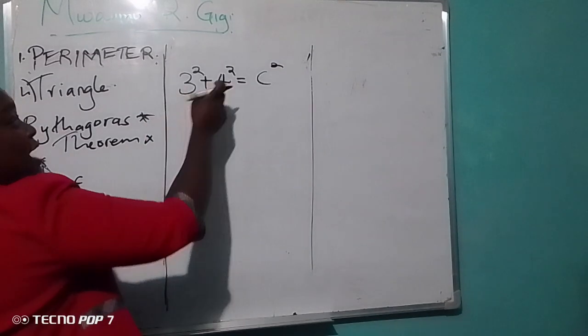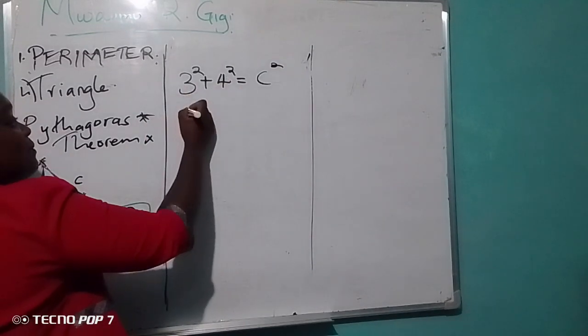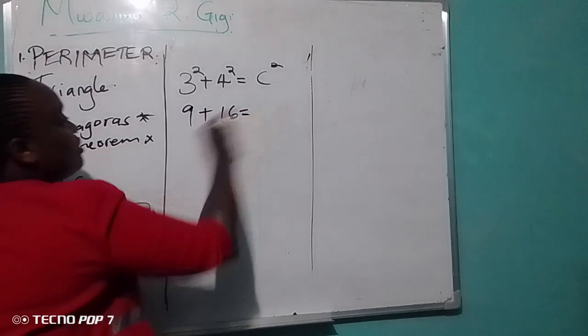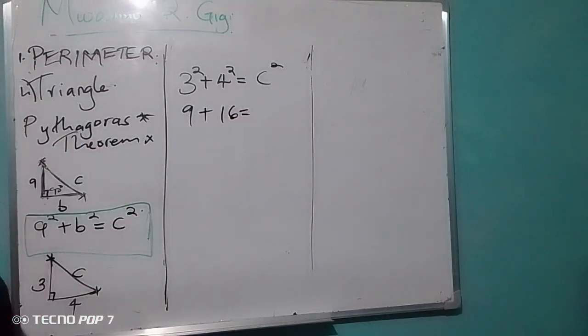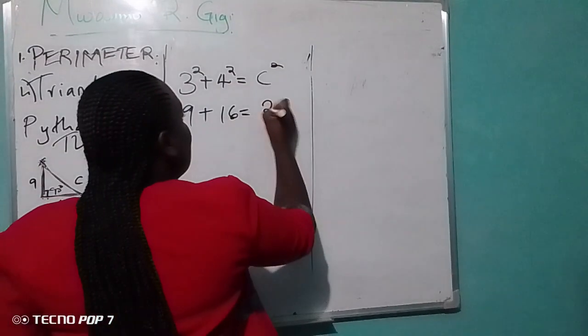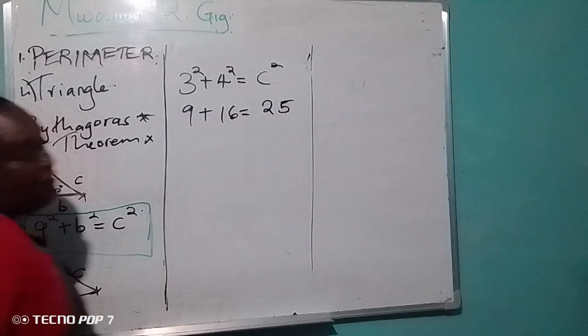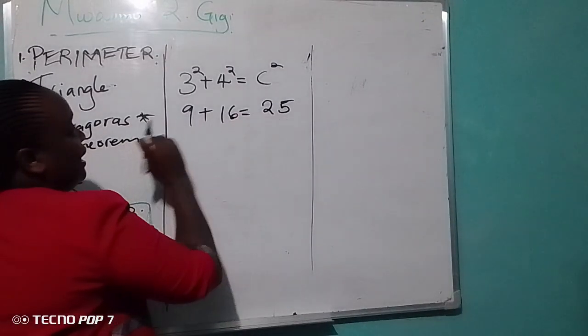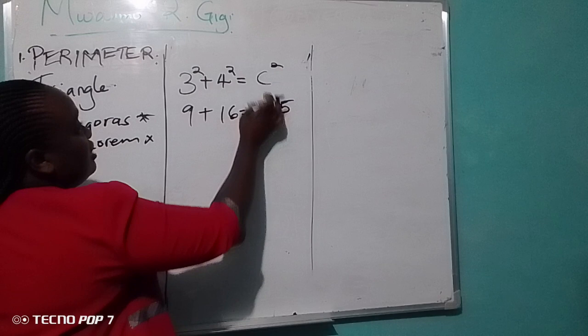So 3 squared ni ngapi? 9 plus 4 squared ni 16, si ndio? 9 plus 16 ni ngapi? 25. Uko sure? So is equals to 25, si ndio?